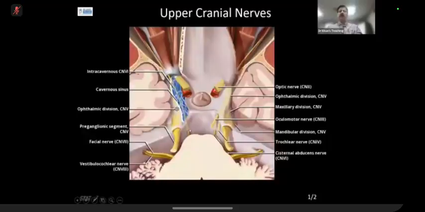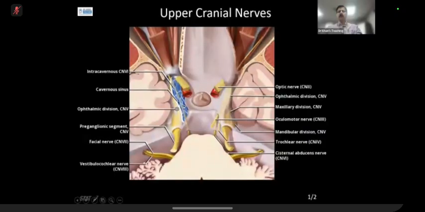You can see the anatomy here, that this is the region. It can affect this nerve, which is the 6th nerve. The 6th nerve passes into the cavernous sinus, and then it supplies the lateral extraocular muscle, lateral rectus. So the patient will present with palsy of this lateral rectus.